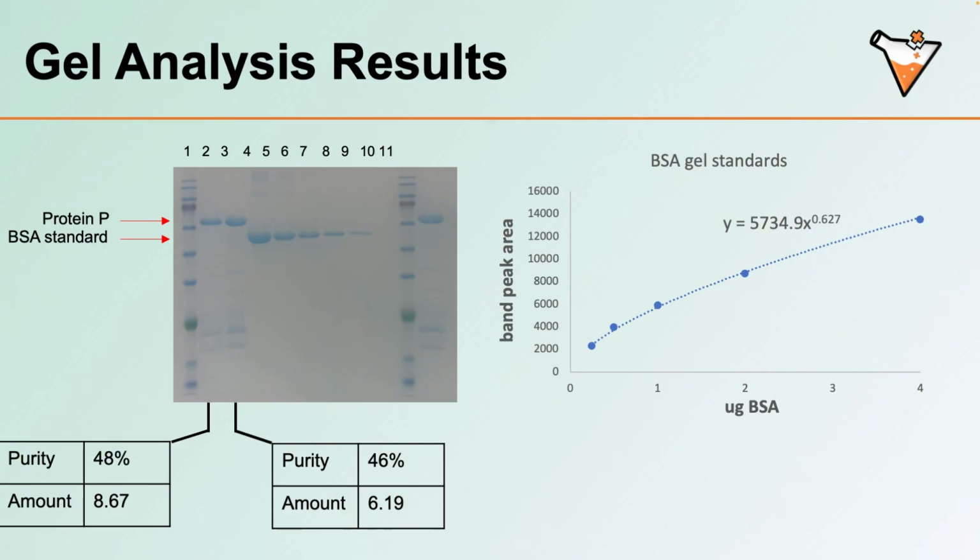So this gives me an estimate of how much protein is in my samples, but really what I need to do is finish purifying this protein, do some size exclusion chromatography, and then use a spectrophotometer to measure the absorbance at 280 nanometers once I have a pure protein sample.